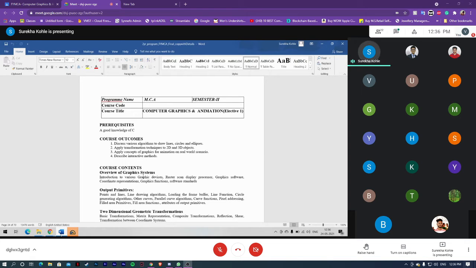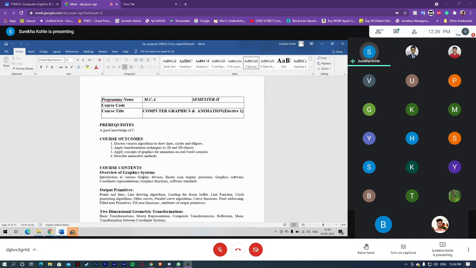Then presentation graphics, where you are going to use bar charts and different types of charts. Whatever things you can see on the monitor are based on computer graphics. Without computer graphics, we cannot do any of the work.